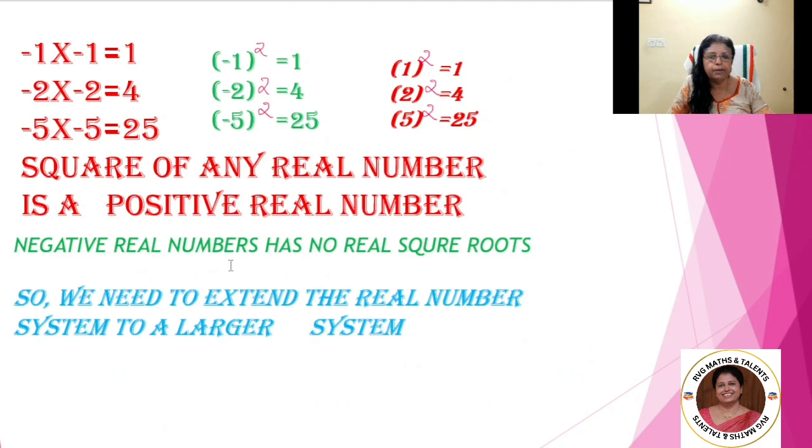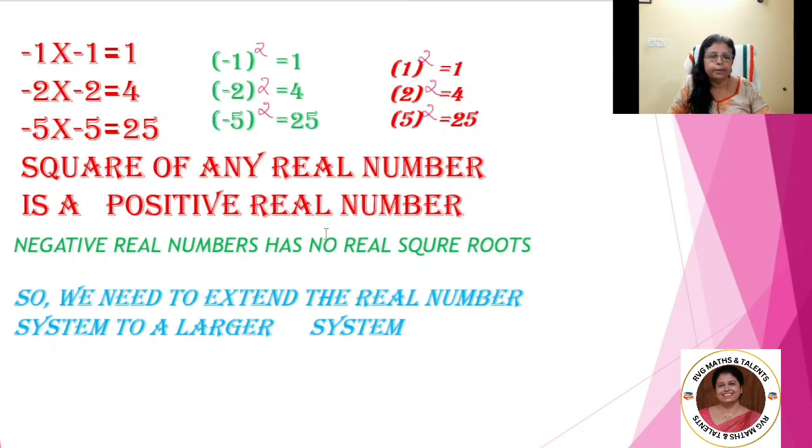For example, consider negative 1. Negative 1 into negative 1 is 1. Negative 2 into negative 2 is 4. That means negative 2 square is 4, negative 1 square is 1, negative 5 square is 25. At the same time, 1 square is also 1, 2 square is 4, 5 square is 25. That means for every real number, its square will be a positive real number.